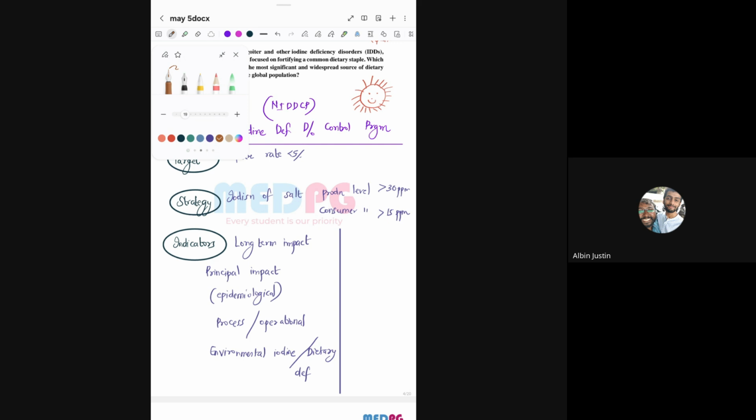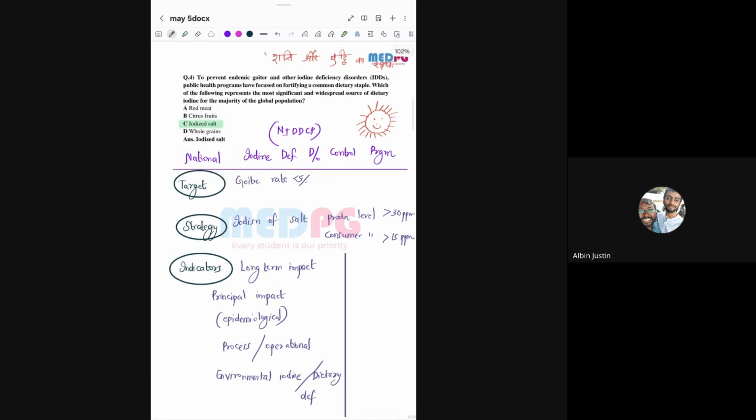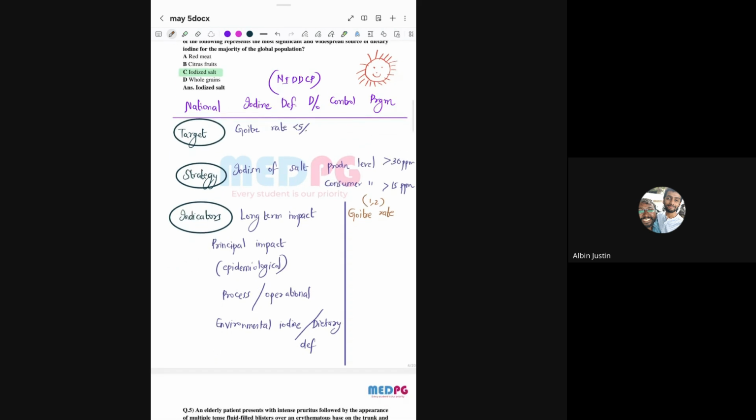For long-term impact, it is the goiter rate, that is grade 1 and 2. Principal impact indicator is urinary iodine excretion rate, it should be more than or equal to 100 microgram per liter.